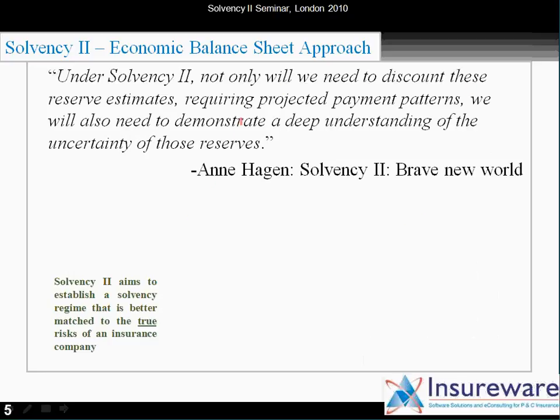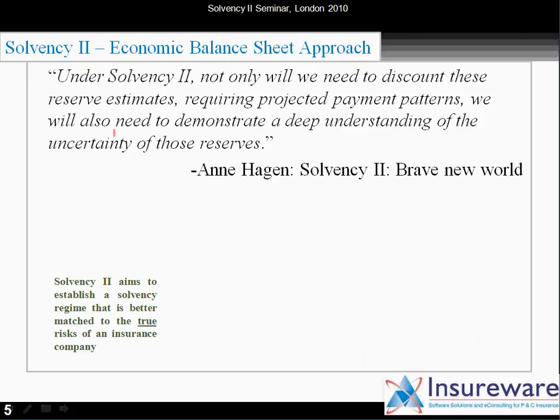Not only will we need to discount these reserve estimates requiring projected payment patterns, the only way you can actually calculate payment patterns is by designing a PTF, probabilistic trend family based model, a model that represents the trend structure in the paid losses in the 3 directions and the quantified volatility about the trend structure.